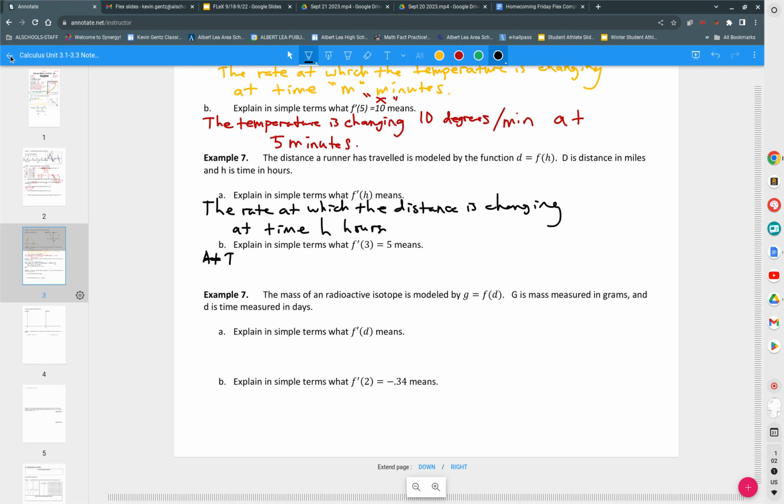You could say the distance is changing at a rate of 5 miles per hour at time 3 hours. The other way to say it is just at 3 hours, the runner is running at a speed of 5 miles an hour. That's all that means.